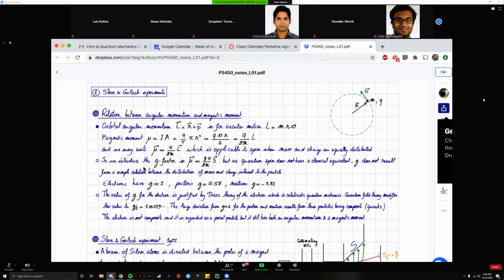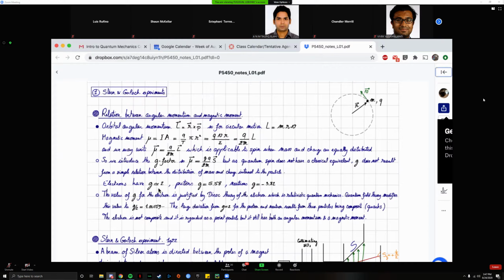And in the case of the electron, the value of g is equal to 2. That's not exactly true. It would be equal to 2 strictly if the electromagnetic field was not associated with any interaction, it would just be 2.